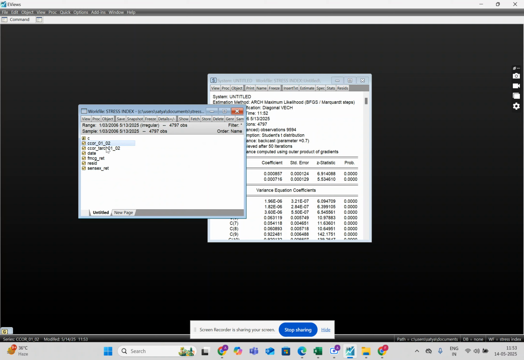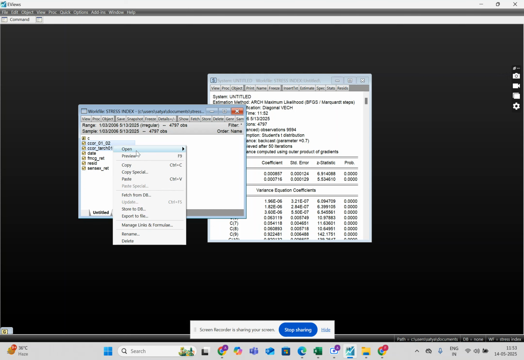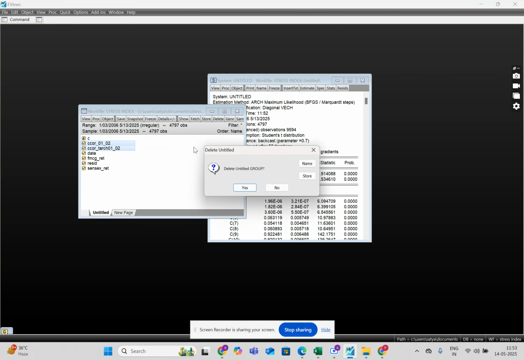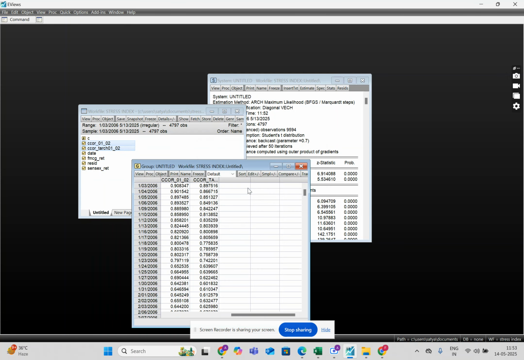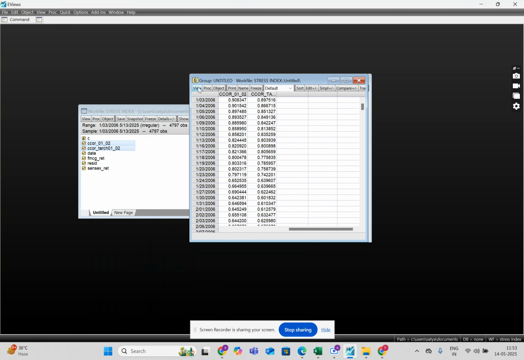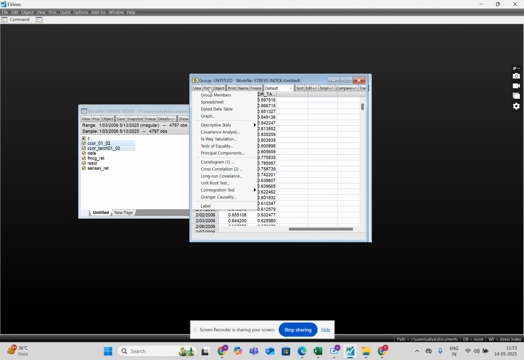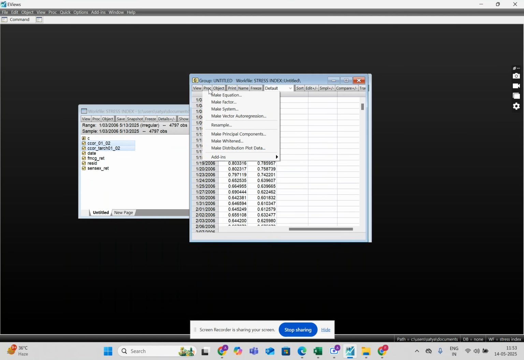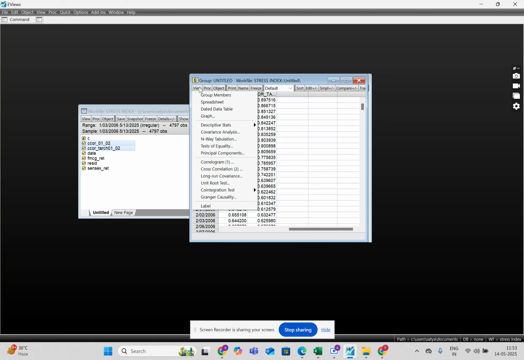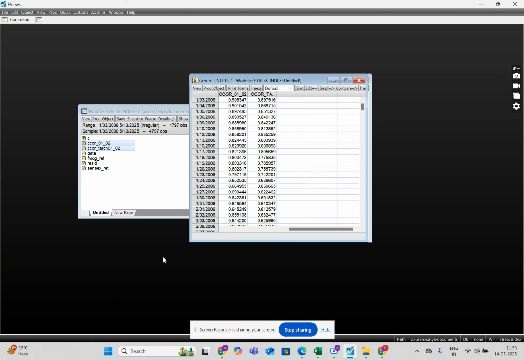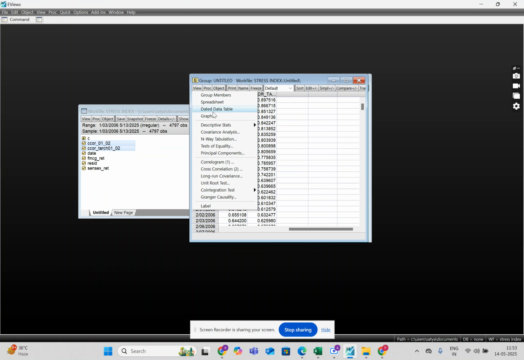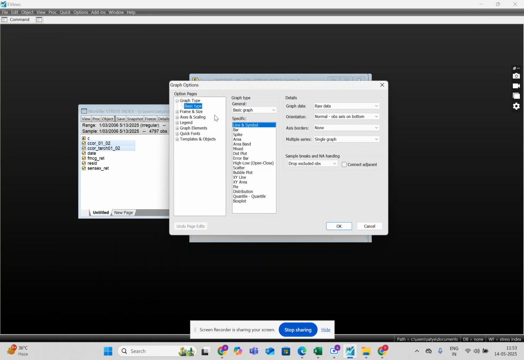So let us open them and we will make the cycles out of this. And for making the cycle, we need to open as group and then we will open them as graph.